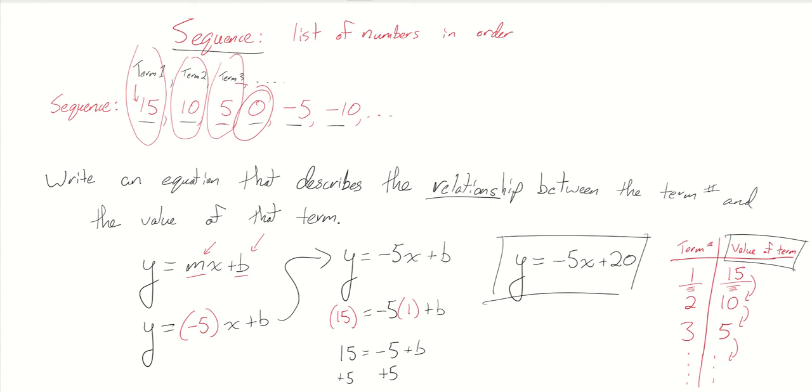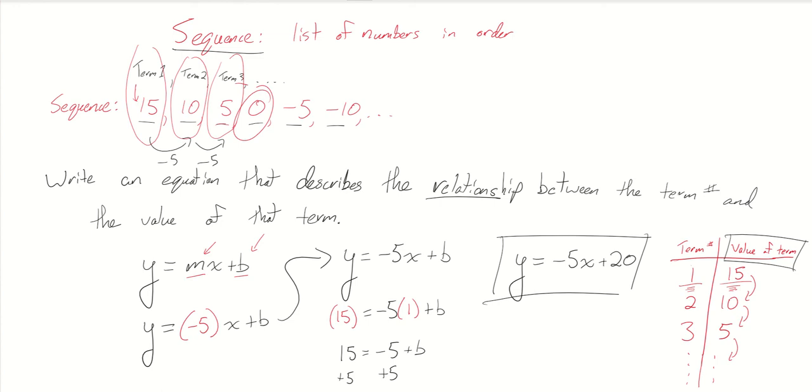We started just by looking at a sequence, right? Just a list of numbers in some order. We found a pattern to this sequence: we are decreasing by 5 every single time. We related the position of each of these values to the values themselves.